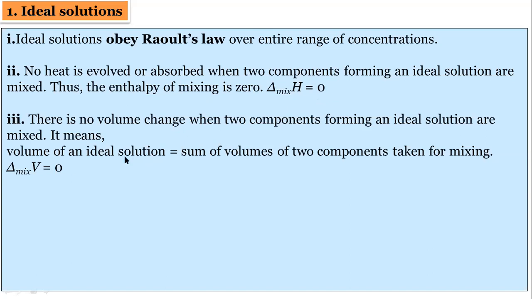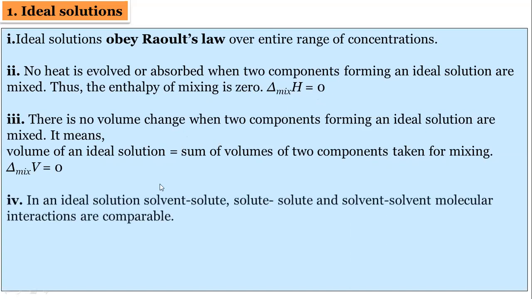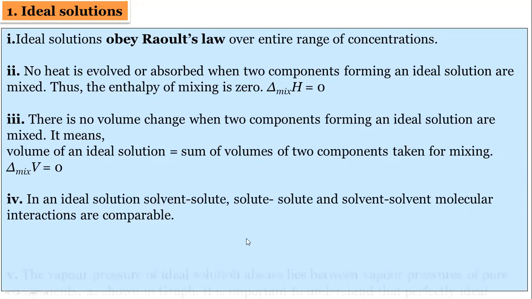Volume of the ideal solution is equal to the sum of volumes of the two components taken for mixing. Then the fourth statement: in case of an ideal solution, solvent-solute, solute-solute, and solvent-solvent molecular interactions are comparable.